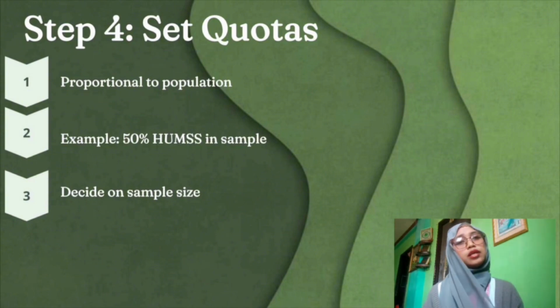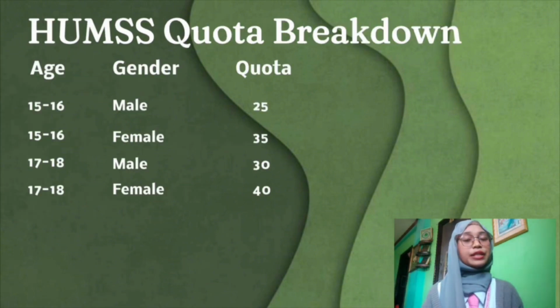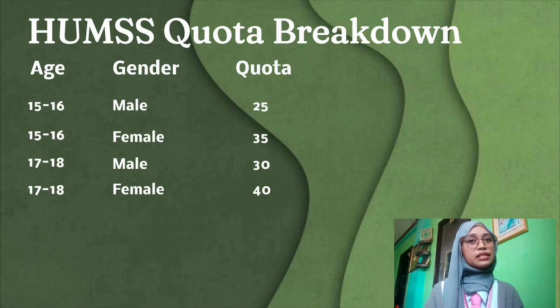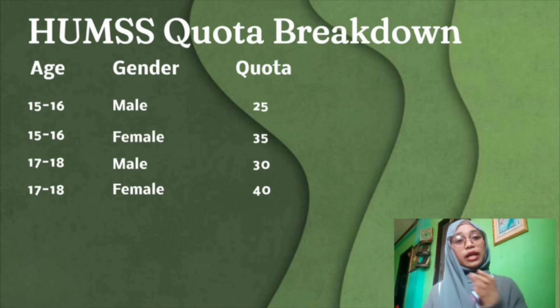For example, you would divide them based on their age, gender, and strand. For instance, age ranging from 17 to 18 years old, gender, female and male, strand, Humanities and Social Sciences.